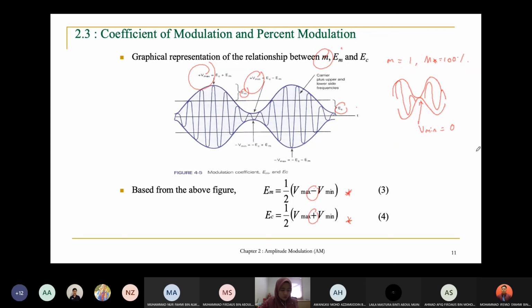Later I will show you how, when the modulation percentage is 100%, the Vmin is 0. So if you calculate your percent modulation as 100%, you must draw like this. You cannot draw with a gap like this.